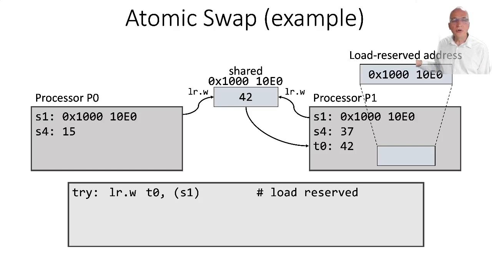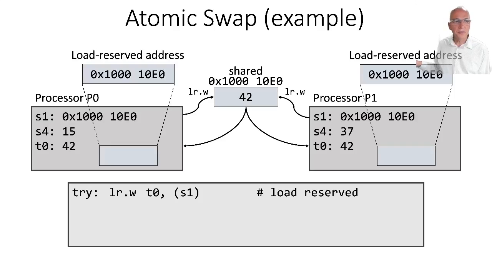Processor P0 will also execute a load reserve instruction. And in this case, processor P0 also gets the value 42 from memory. It also enters in its load reserve table the address of the location where the load reserve has happened. So in this case, both of them have the same address in their load reserve table. They both have done a read and they both know the current value in the memory.